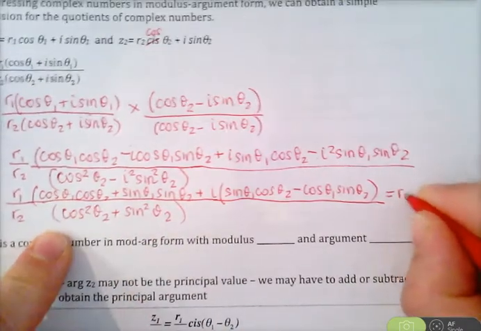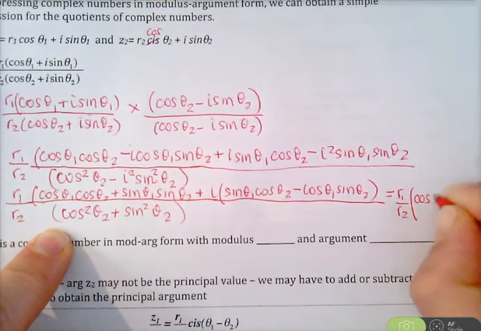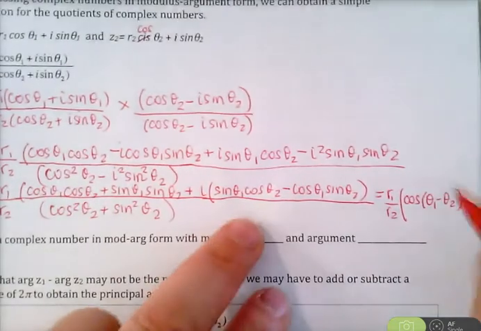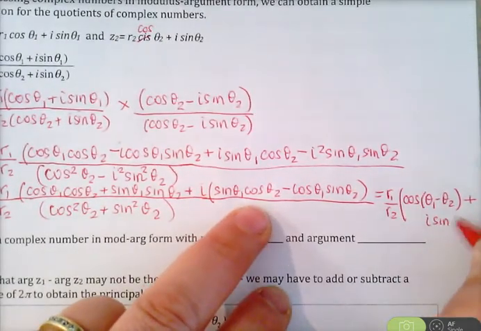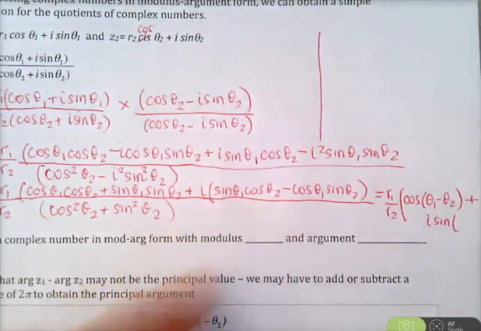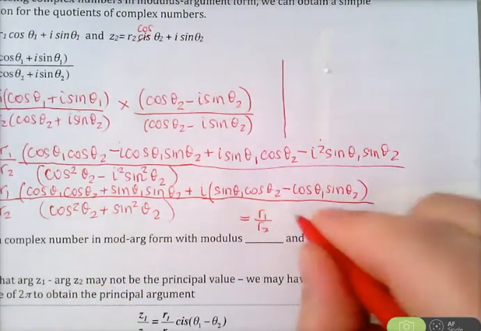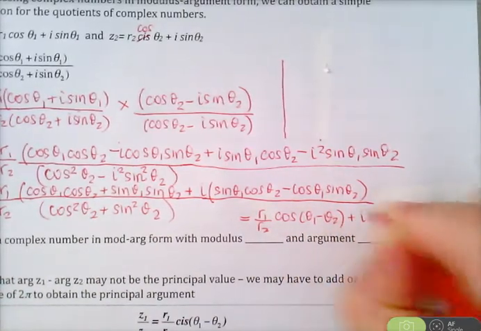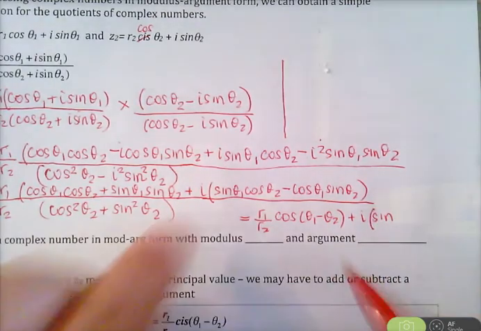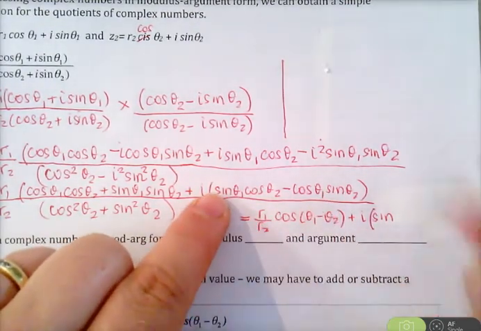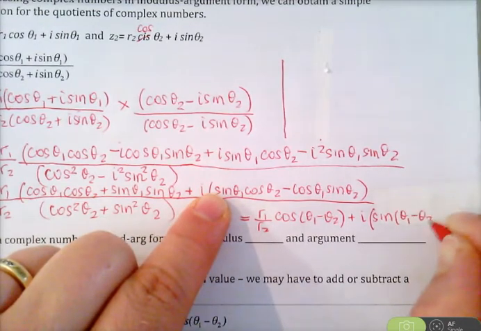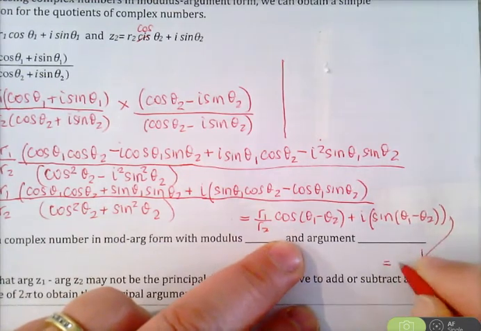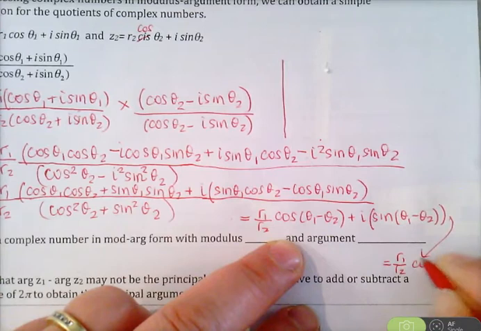So we've got the r1 over r2, then we've got cos of (theta 1 minus theta 2) plus i sine, and this is with the sine difference result, sine of (theta 1 minus theta 2). So therefore we can see that this is equal to r1 over r2 cis of (theta 1 minus theta 2).